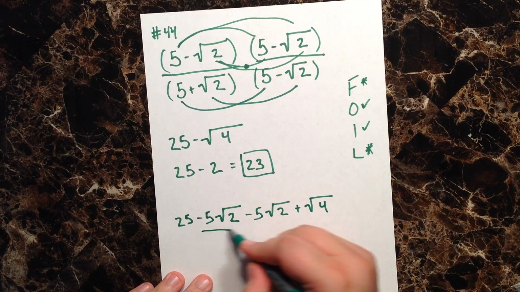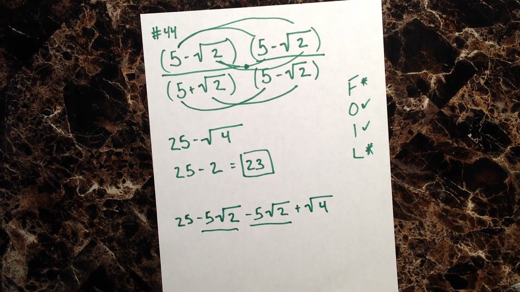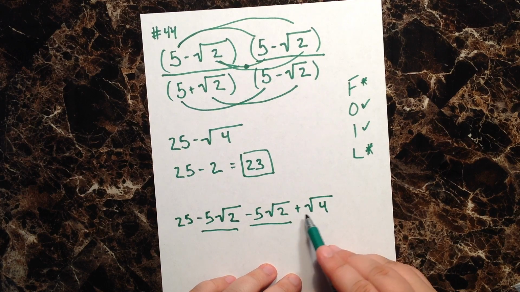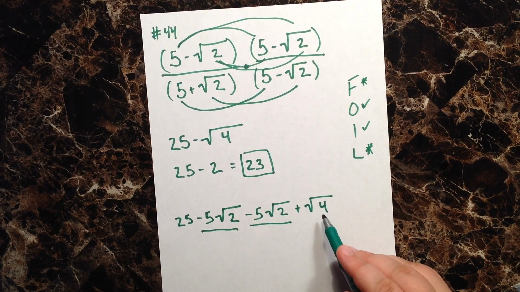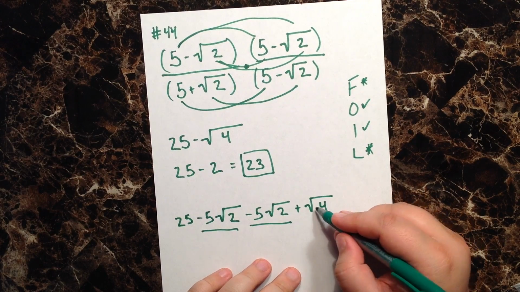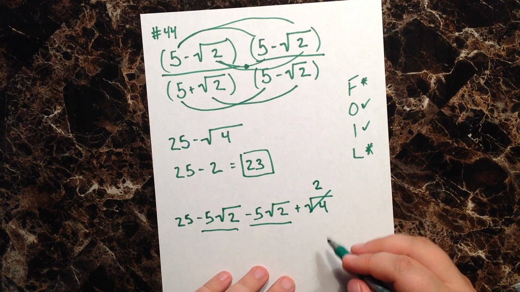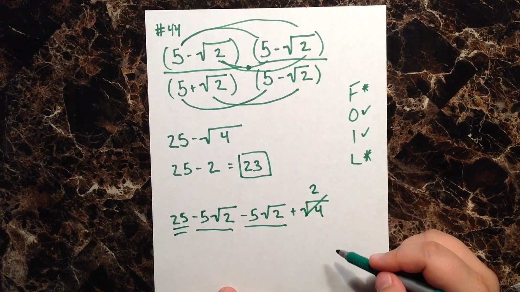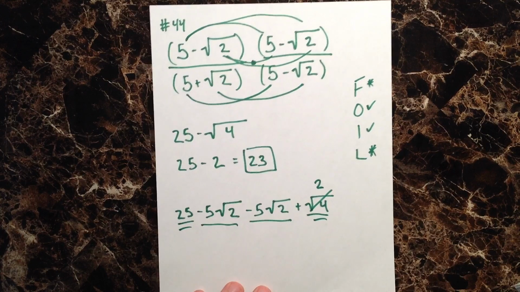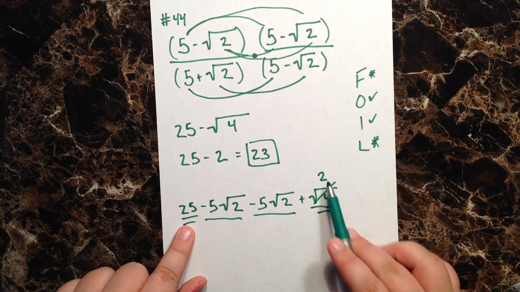All right, I see I can combine some like terms here. And also, I have a plus radical 4. Well, what does radical 4 come out as? That comes out as just what? A 2, doesn't it? So this is really saying plus 2. And so in that case, I can combine my 25 and my 2. So what is 25 plus 2?